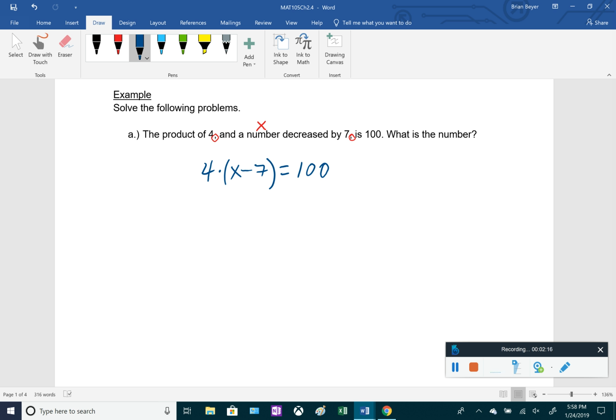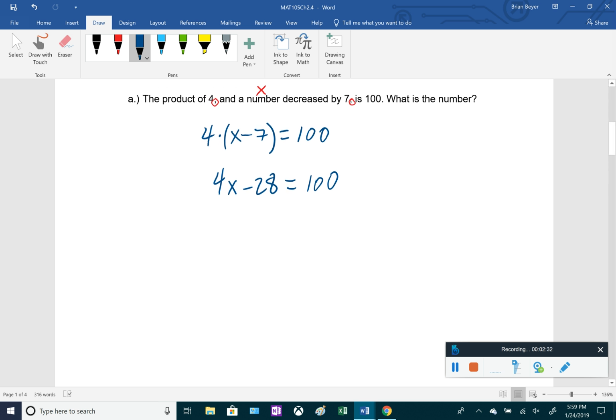So we want to know what that number is. So we're just solving for x now. So we need to distribute the 4. So we get 4x minus 28 equals 100. We need to add 28 to both sides. So now we just solve it like we've been solving it.